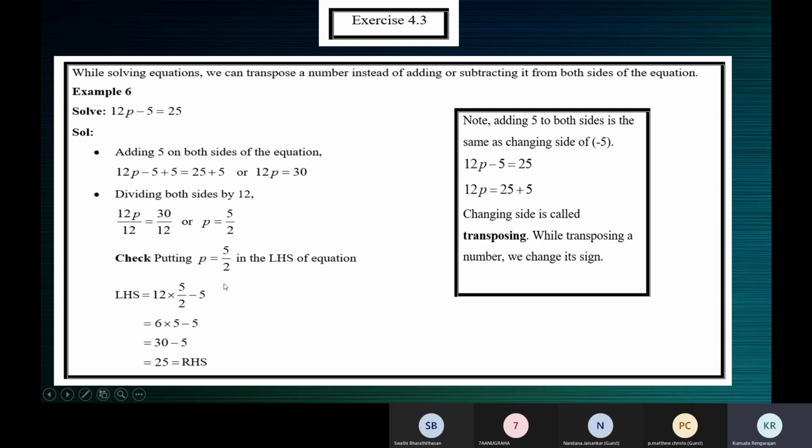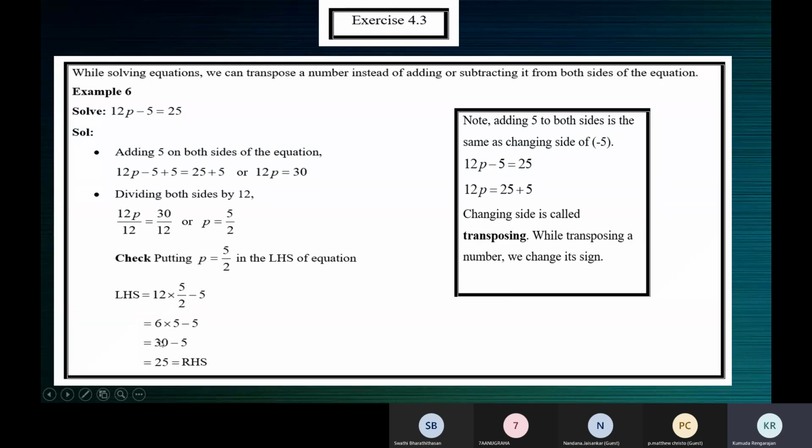So let's check by putting p is equal to 5 by 2 in the LHS of the equation. LHS is 12p minus 5. So 12 into 5 by 2 minus 5. You can cancel first: 2 ones are 2, 6 twos are 12.